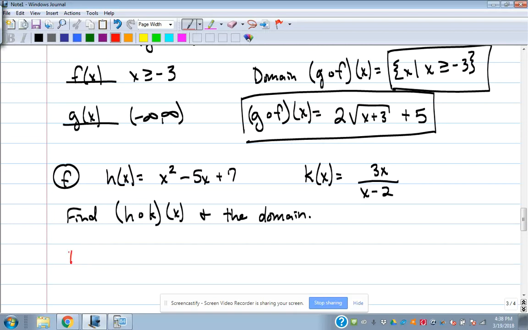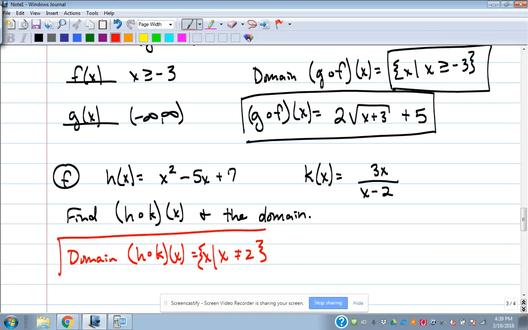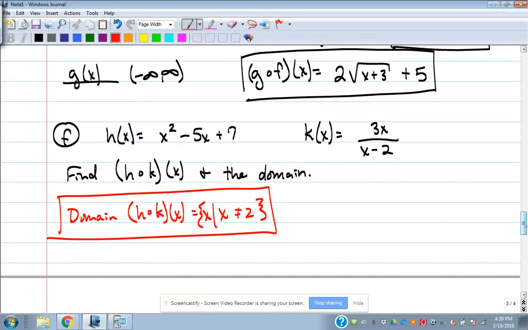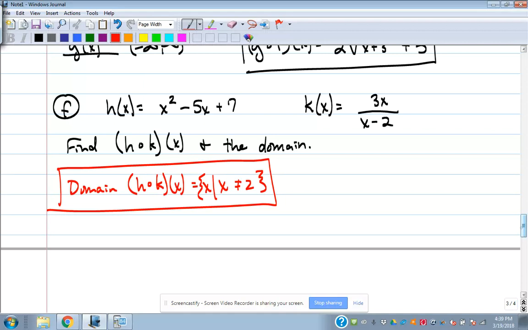So the domain of h composed with k of x is all x's such that x is not equal to 2. That's a fun one.